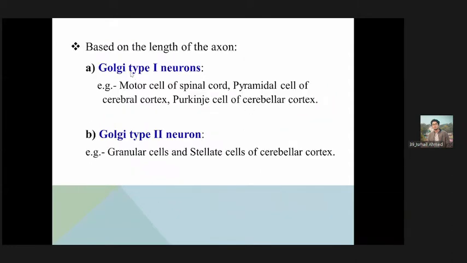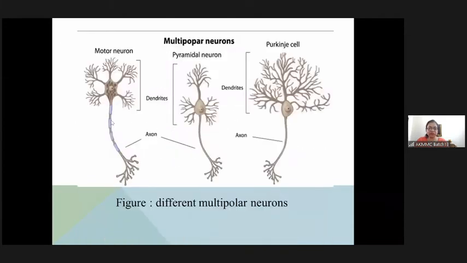Okay, now based on the length of the axon, Golgi type 1 and Golgi type 2. For all these motor neurons, we can see their axon length is longer than any other neuron. That's why these are Golgi type 1 neurons.